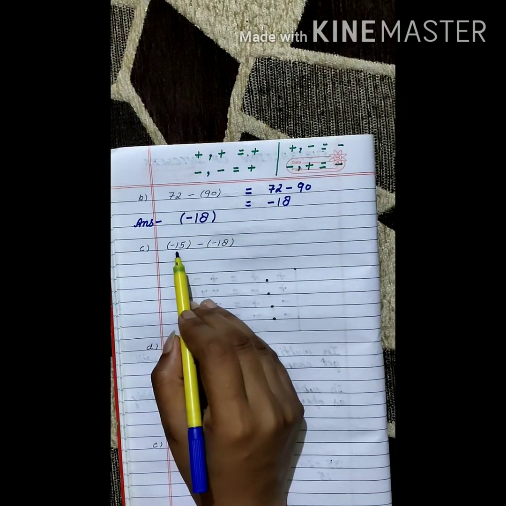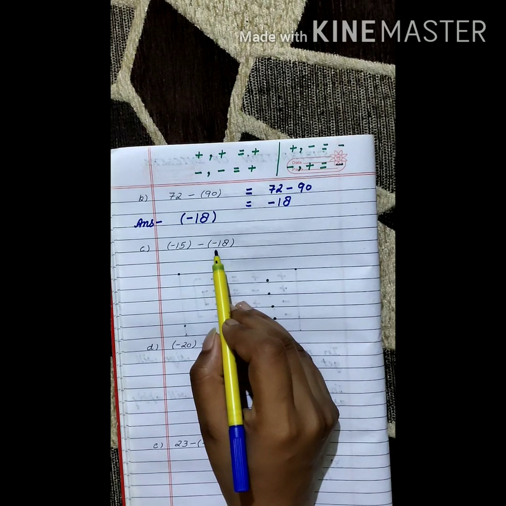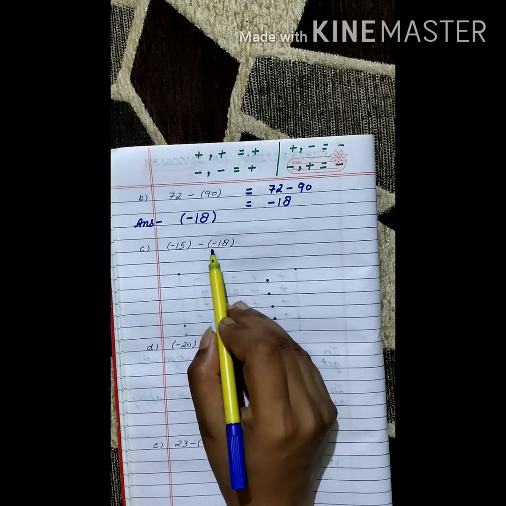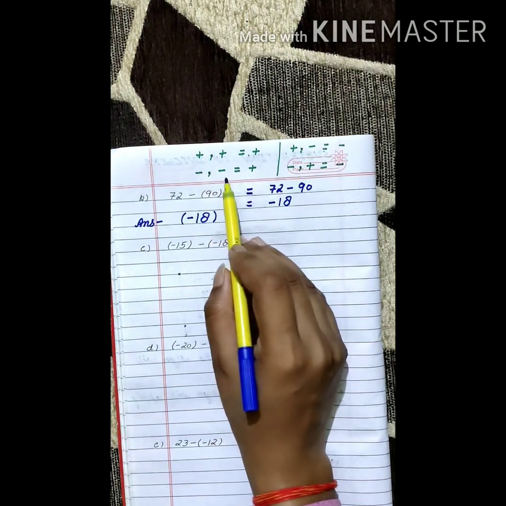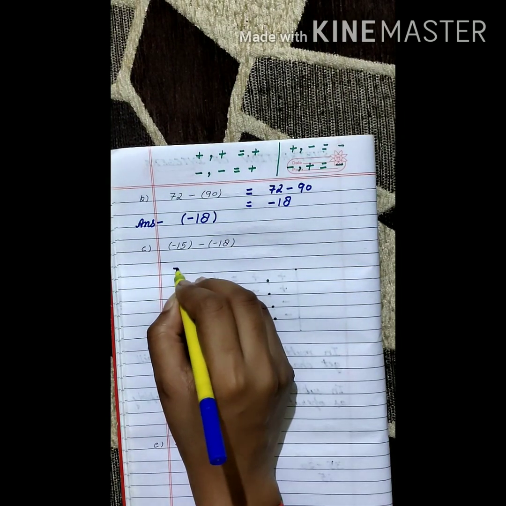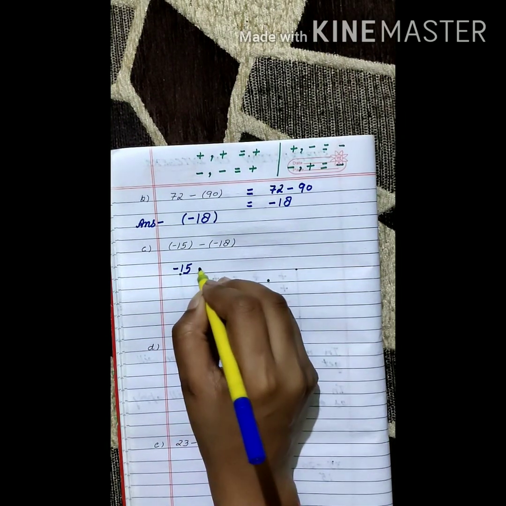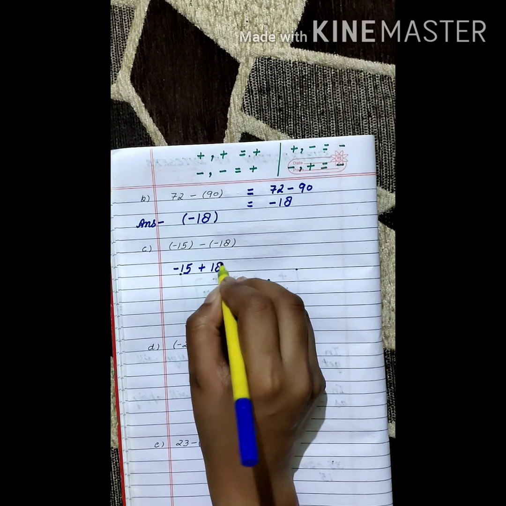C part, minus 15 minus and minus 18. Here we have two signs together, that means we will apply the rule of multiplication, and in multiplication the sign will get changed. So minus minus plus, and it will become minus 15 minus minus plus plus 18.